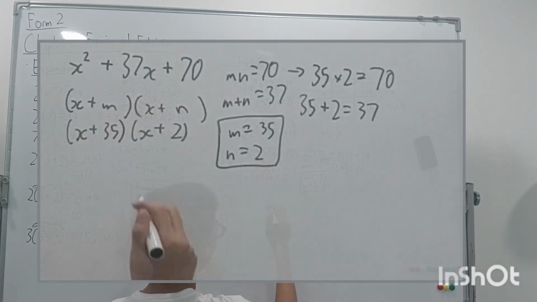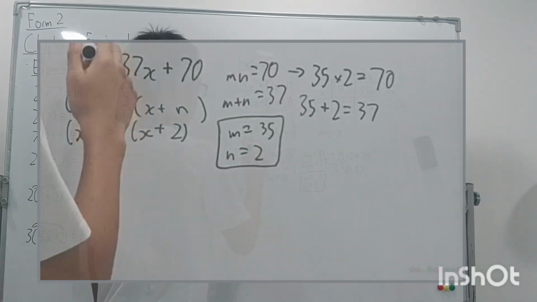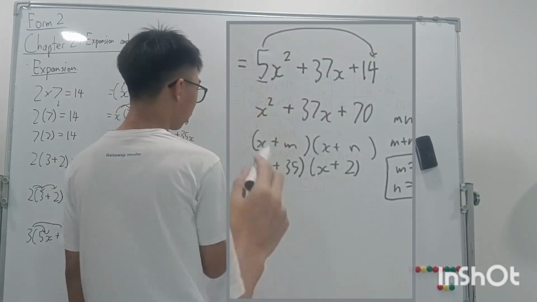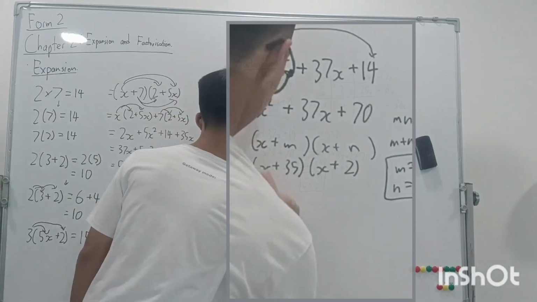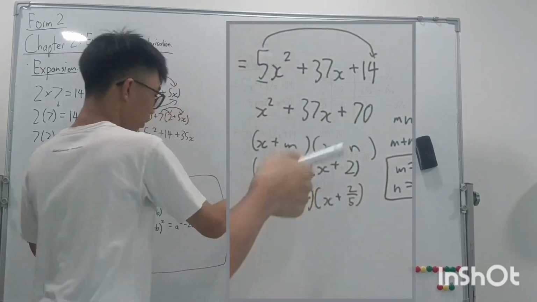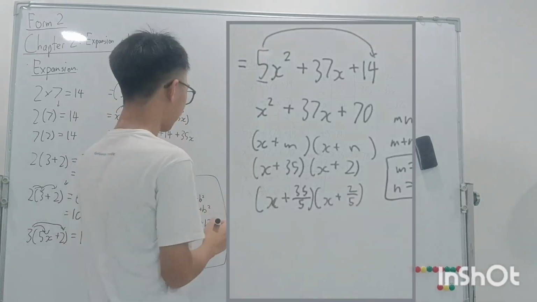Okay. Now, for the coefficient of the x squared term, we're going to divide the m and n terms by this a term right here.